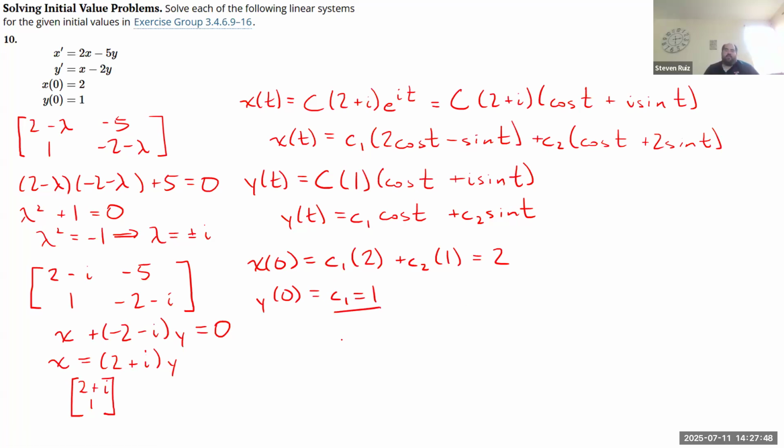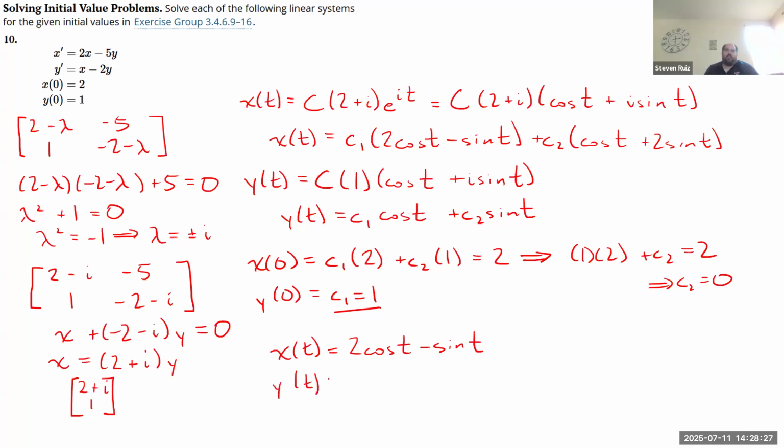If c1 equals 1, then I get this from the top equation: 1 times 2 plus c2 equals 2. So that looks like c2 equals 0. All right, if c1 equals 1 and c2 equals 0, what is our final result here? x of t equals 2 cosine of t minus sine of t plus c2 times 0. c2 is 0, so that's all that remains.